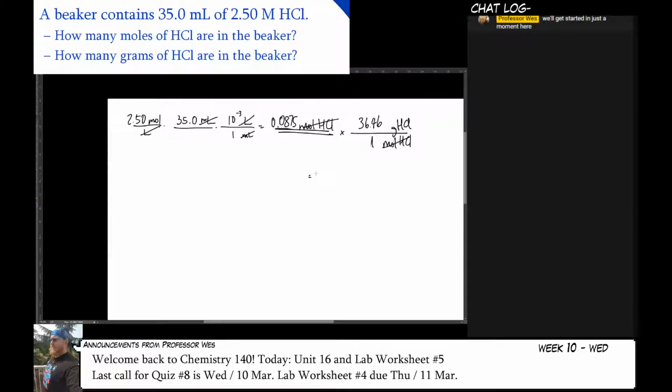So the number of grams of HCl that must be in this container must be 3.190. So 3.19 grams HCl. All right, so that's the first problem.